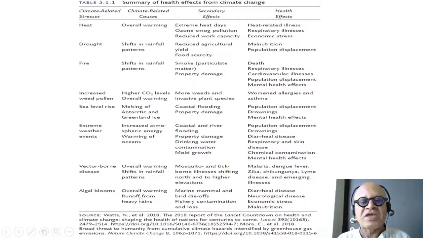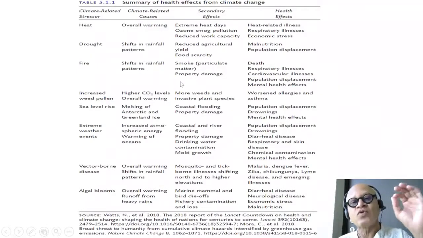Then overall warming and runoff from heavy rains, more agriculture, more urbanization is affecting harmful algal blooms in coastal waters and lakes, by the way. The secondary effects, of course, include extreme heat days, ozone smog, reduced work capacity, reduced agricultural yield, crop yield losses, and food scarcity, which again has disproportionate impacts.